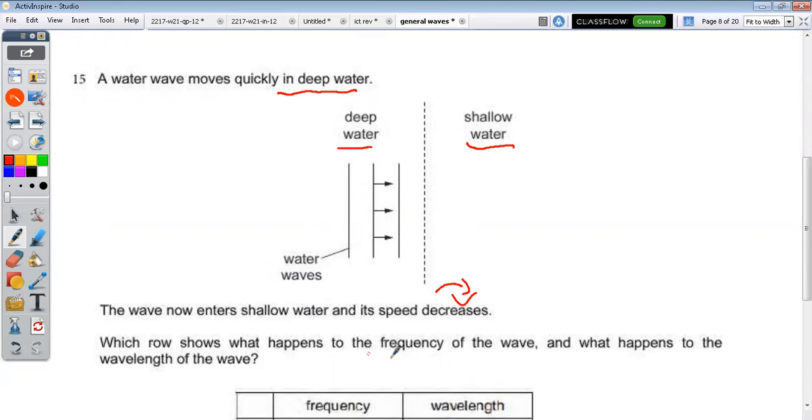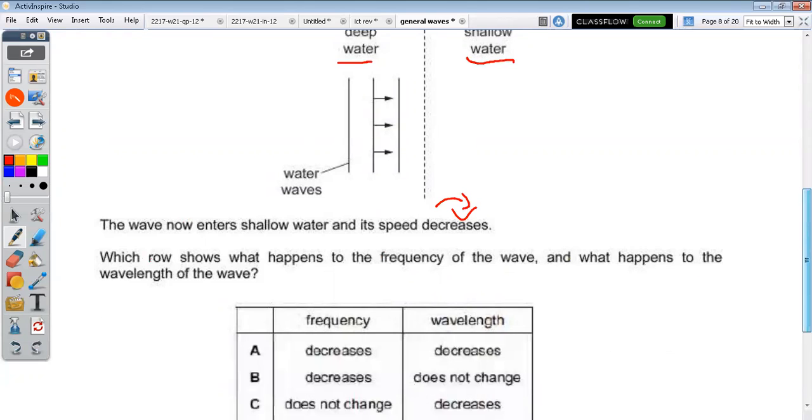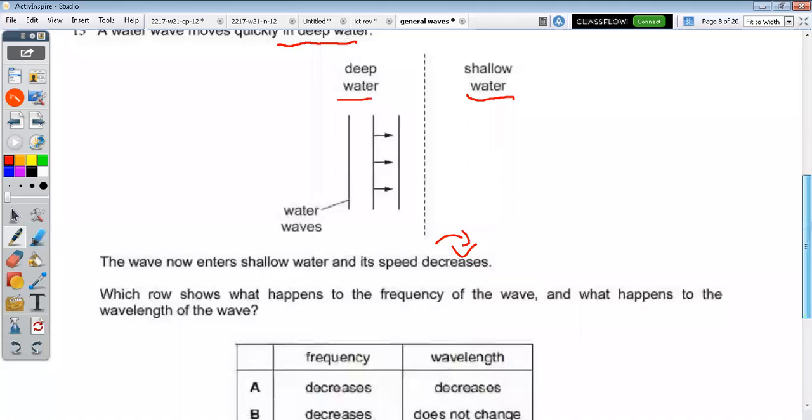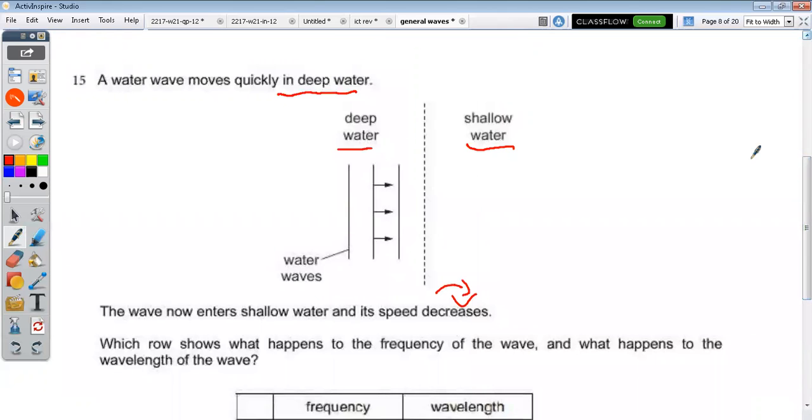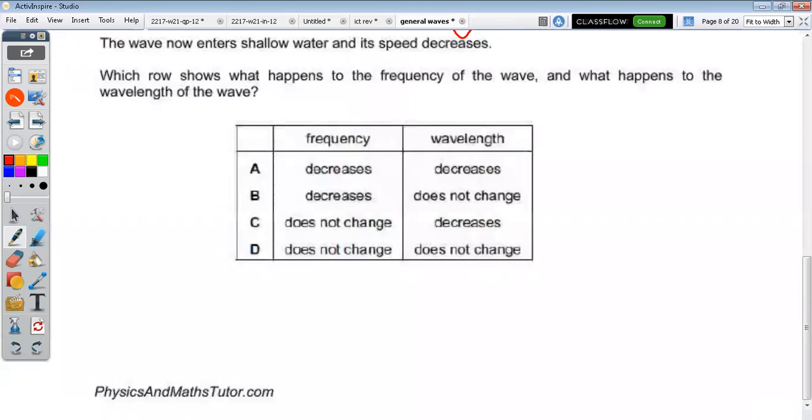Which row shows what happens to the frequency and what happens to the wavelength? So we are moving from deep water to shallow water. So what happens? Does the frequency change?